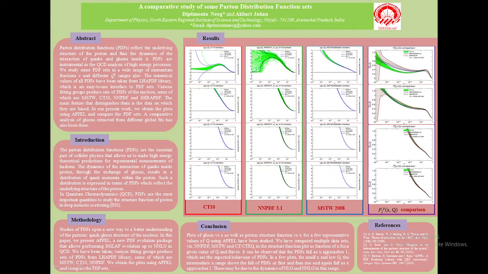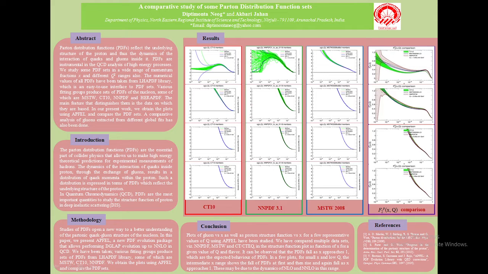We have taken various fitting groups' sets of PDFs from the LHAPDF library, some of which are MSTW, CT10, and NNPDF. We obtain the plots using APFEL and compare the PDF sets.